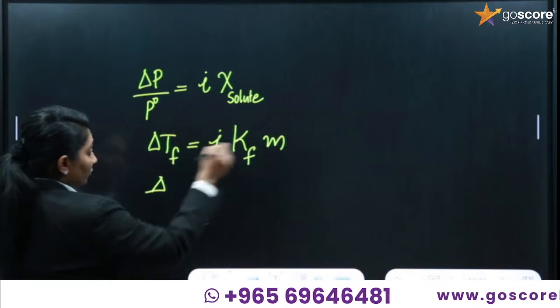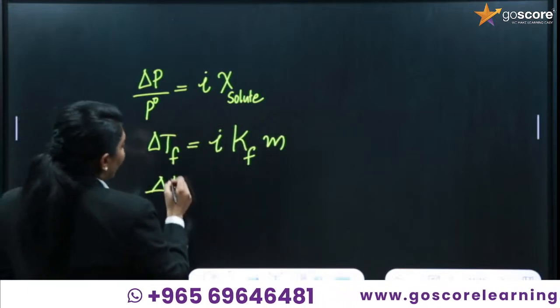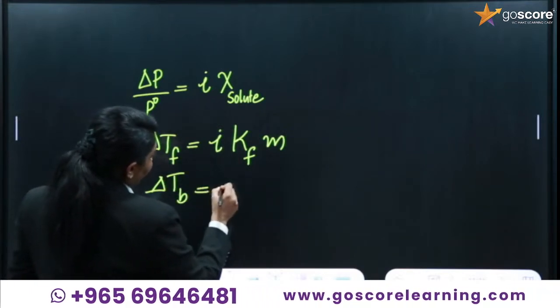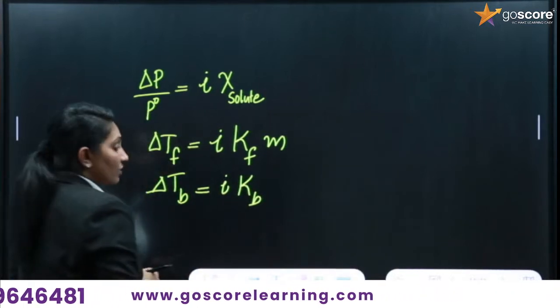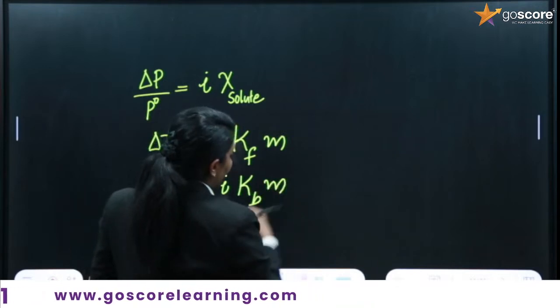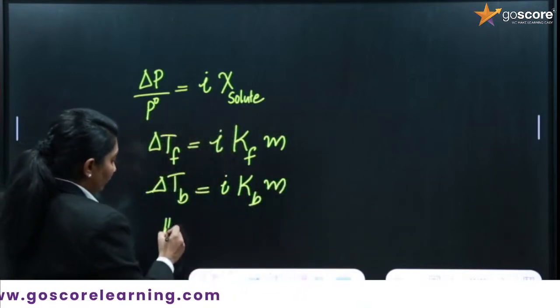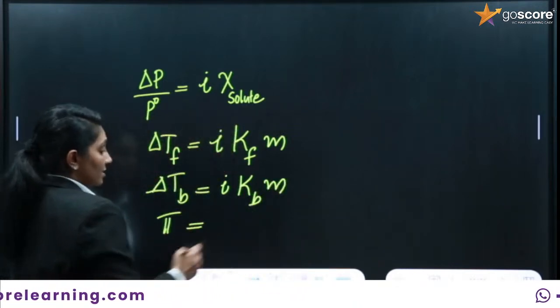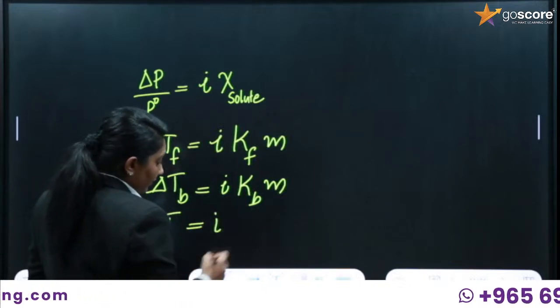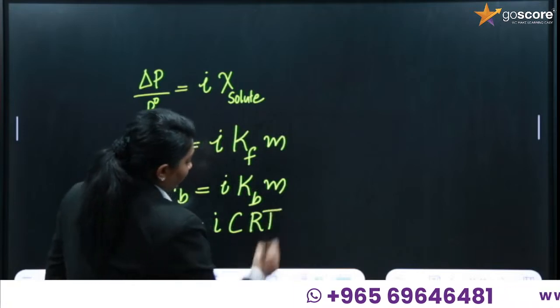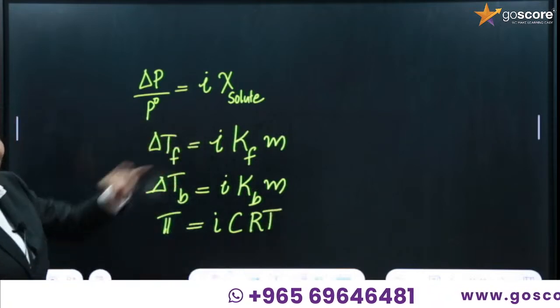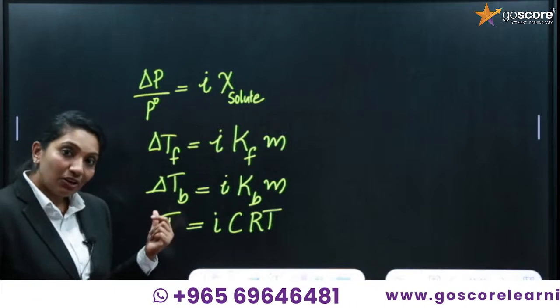And for the elevation of boiling point, delta TB is equal to I into the molal elevation constant or ebullioscopic constant into molality. And for osmotic pressure, pi is equal to I, the Van Hoff factor, into molarity into R into T. So these are the changes in the colligative property.